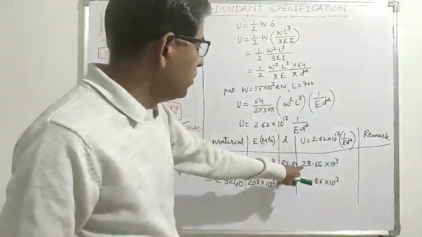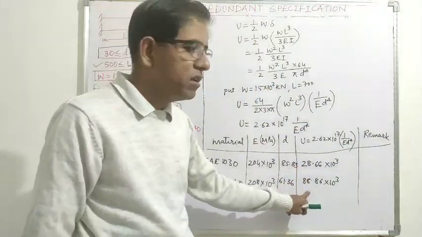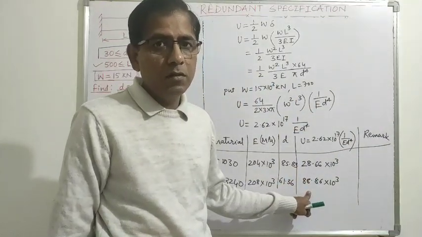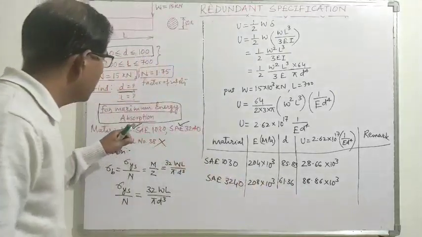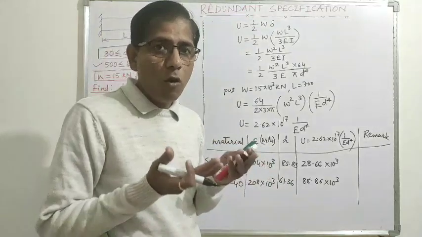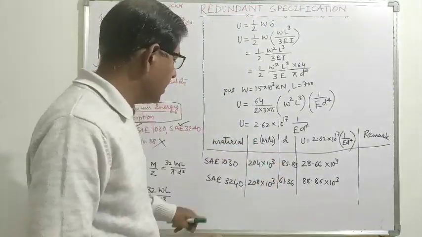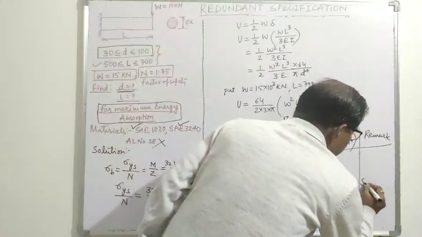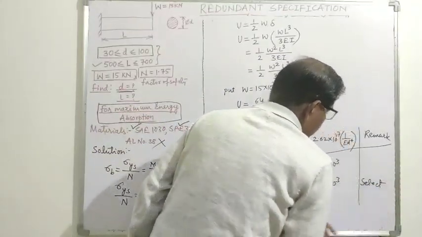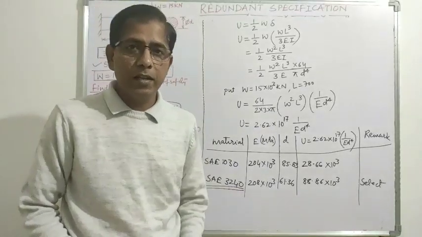So from these two we can say that SAE 3240 gives us the maximum energy absorption, which is our optimizing variable, or the objective of this optimization problem. That is why we select this material as our final material.